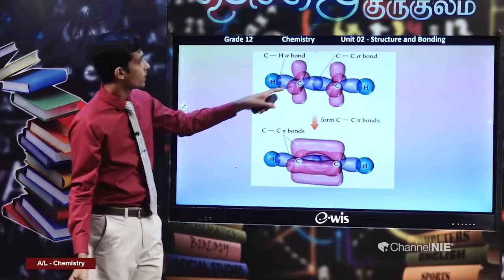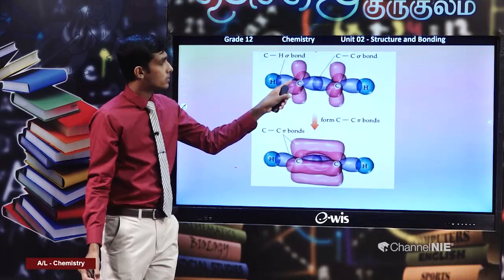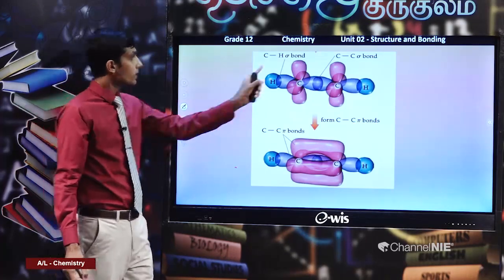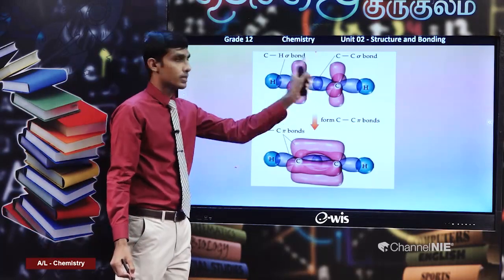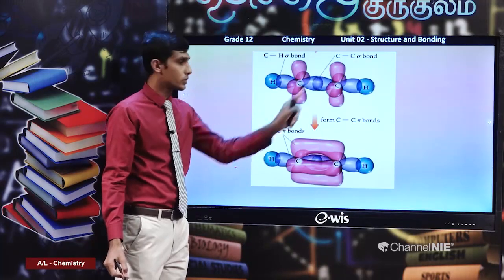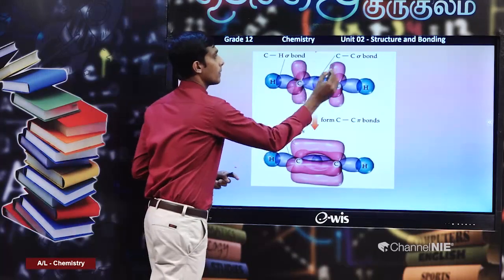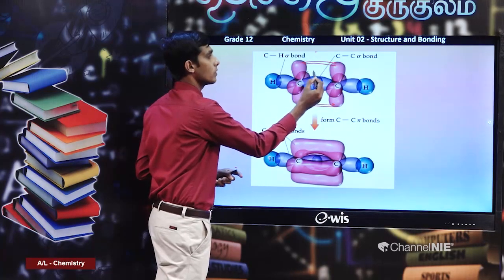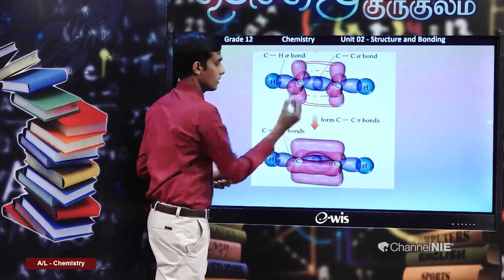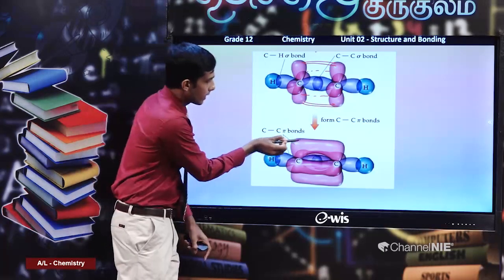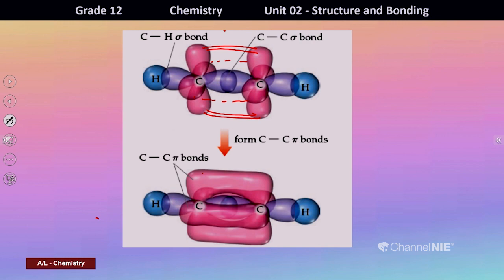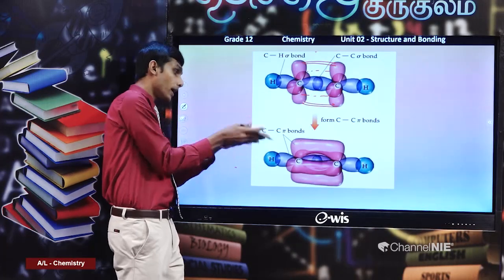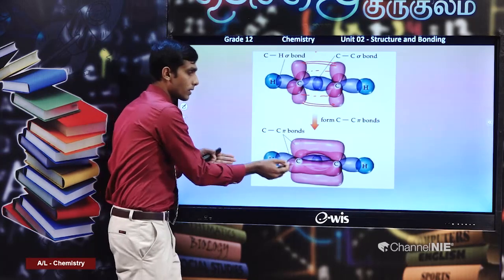But you still have these two p orbitals which did not undergo hybridization and they are also unpaired. These will overlap laterally and they are perpendicular to each other. So, these two will overlap laterally and the perpendicular orbitals will also overlap laterally. Here you can see one pi bond above and below the plane, and just in front of the plane and behind the plane you have another pi bond.